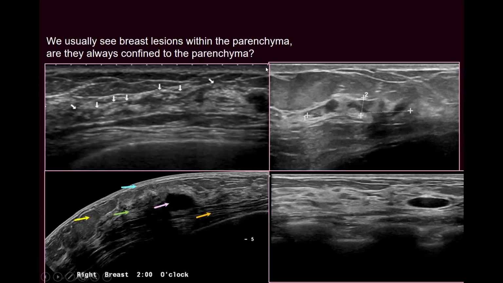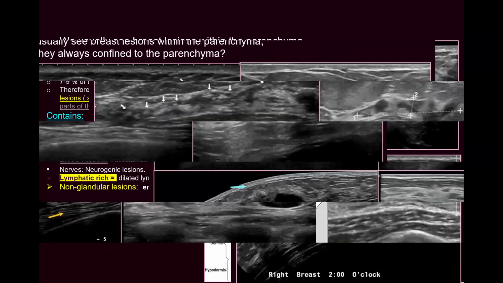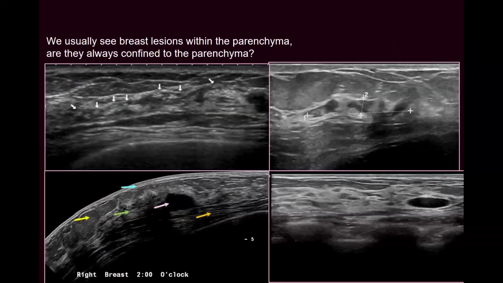As we mentioned before, we usually see breast lesions within the parenchyma. But does the lesion always confine to the parenchyma or to the mammary zone? No. Can we see a lesion outside the mammary zone?